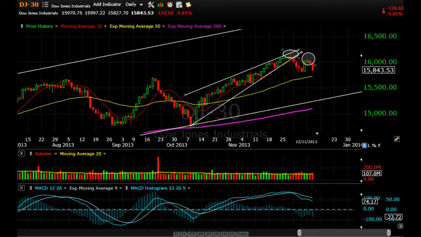We always start with the indexes and we do some, maybe we'll do some sector analysis, but usually I go into individual names. There's a reason why I do that. The reason is because if the market indexes are moving down, the majority of what's within the index is going to move down as well.